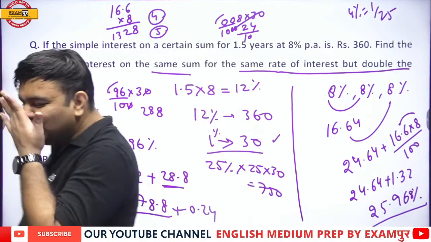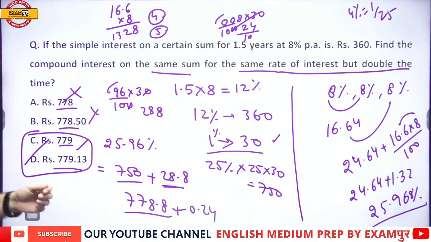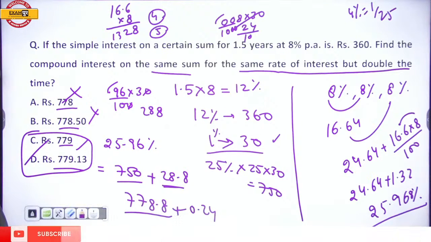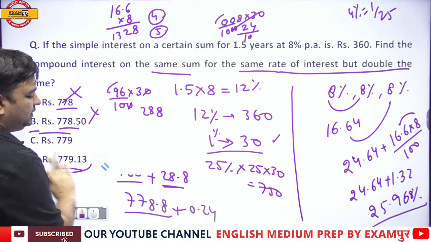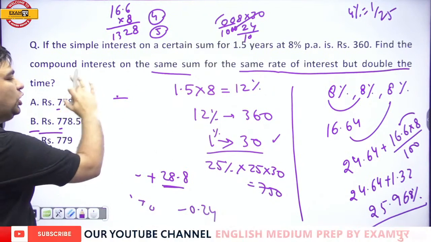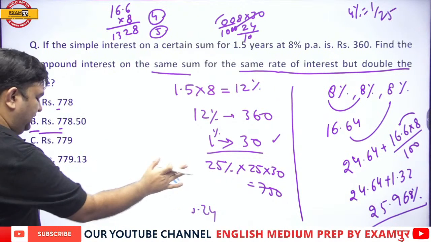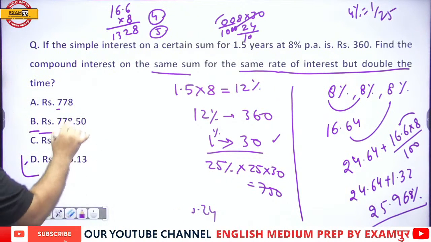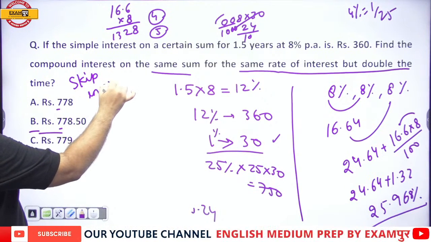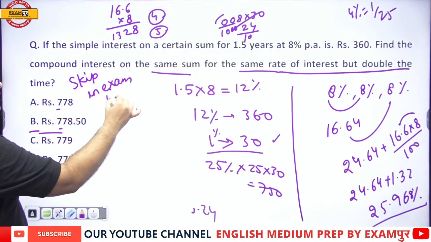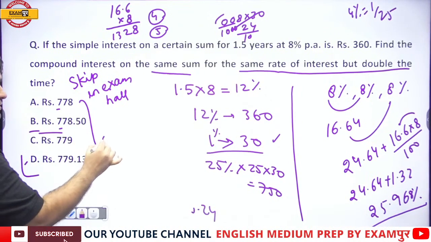Do you think this is cool or not? If you find this is not cool in this particular question, I will advise you to skip it in the examination hall. This question, by looking at the options, needs to be skipped in the examination hall. Why? Because of the options.